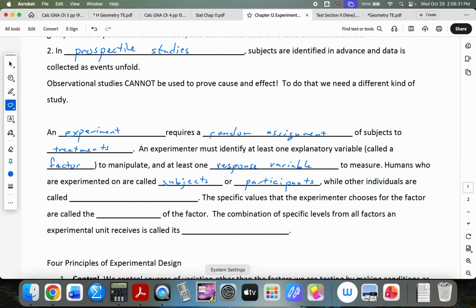These days, they're more likely to call them participants because it makes them feel like they're doing something good. Okay? While other individuals are called experimental units. I would not like to be called an experiment. So lab rats. Yeah.